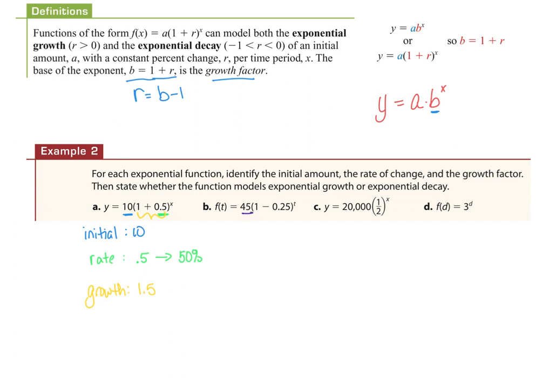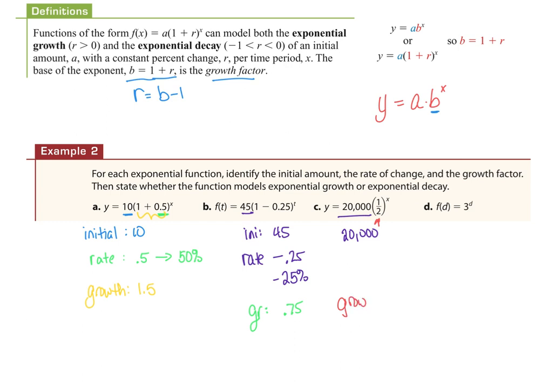If you look at B, your initial amount is 45. Your rate is going to be negative 0.25 or negative 25%. And then your growth factor is going to be 0.75. For the ones that already give it to you, so like initial's easy, we have a 20,000 that's initial. But here they've given you your growth factor.